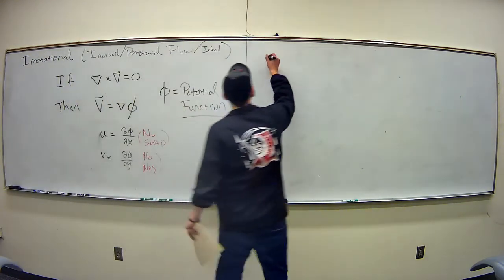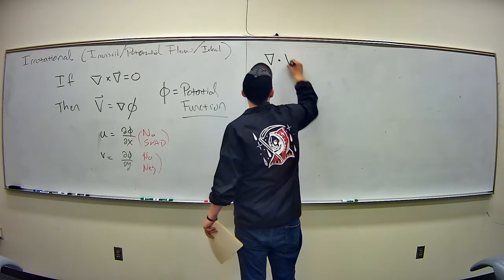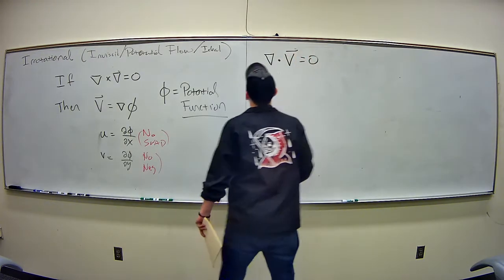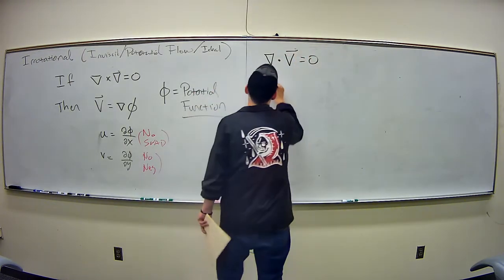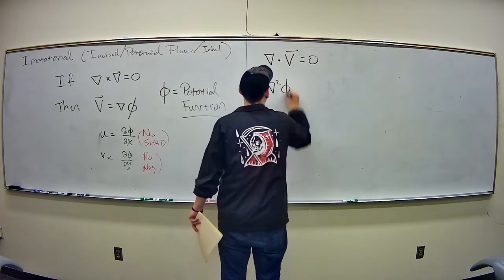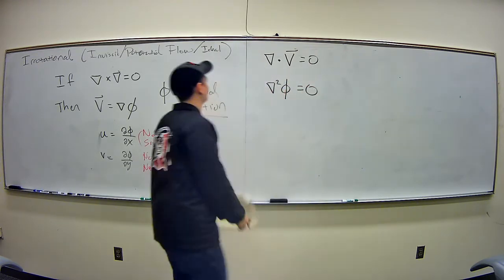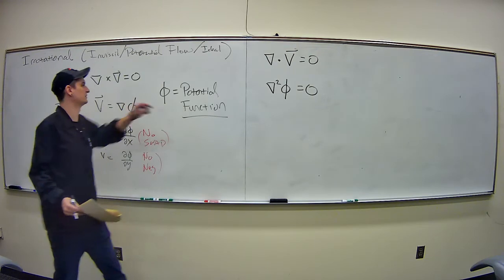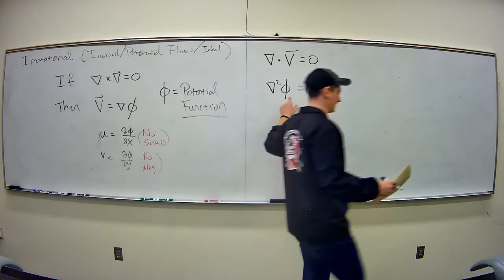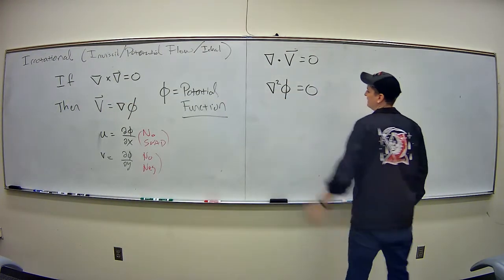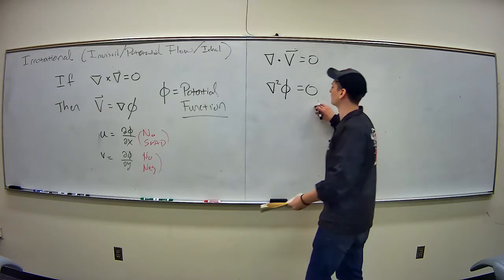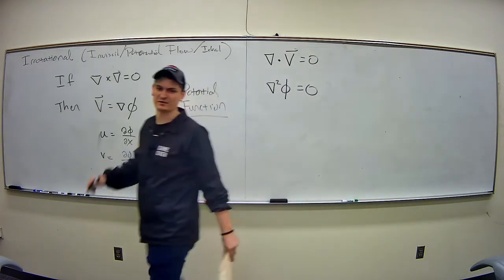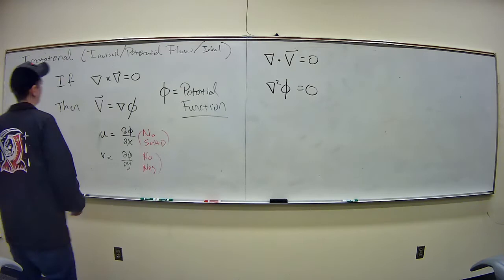So again, this has a different interpretation. If I plug this into continuity, you get for an irrotational, inviscid, whatever you want to call it, this property. I've just made this definition swap where the v is the gradient of phi. So now I have that phi, my potential function, solves the Laplacian equation to satisfy continuity.